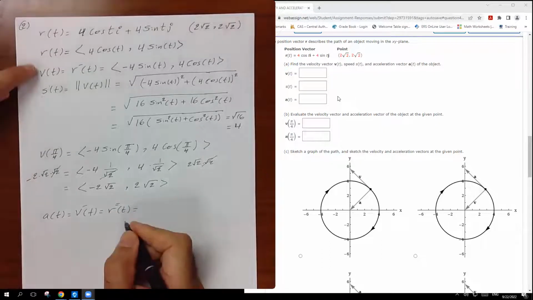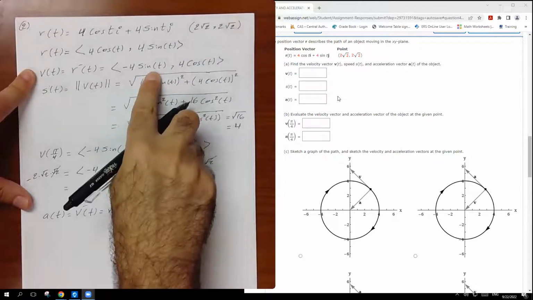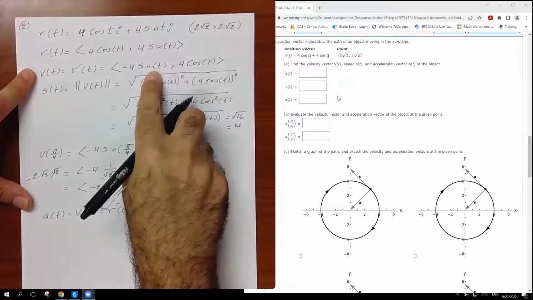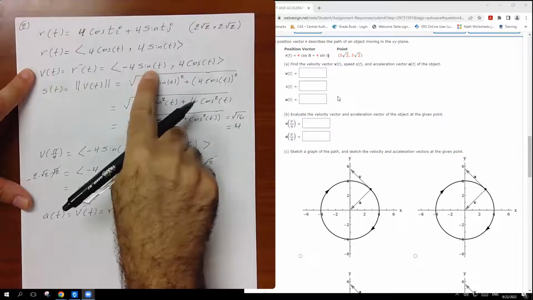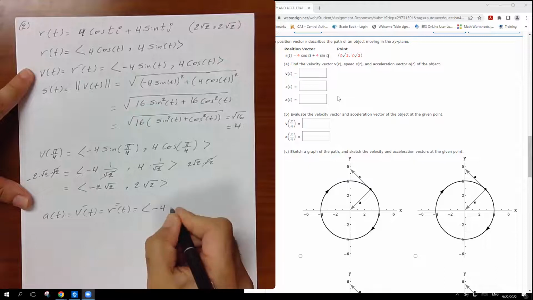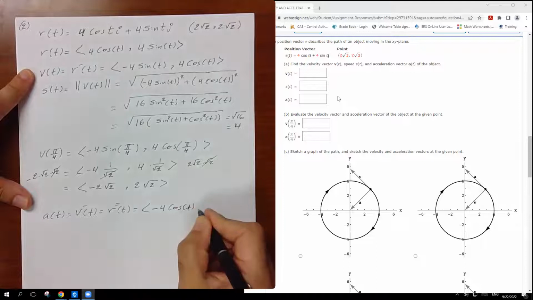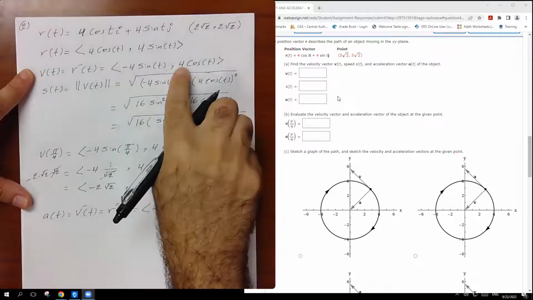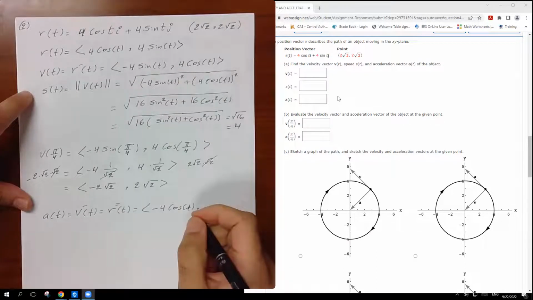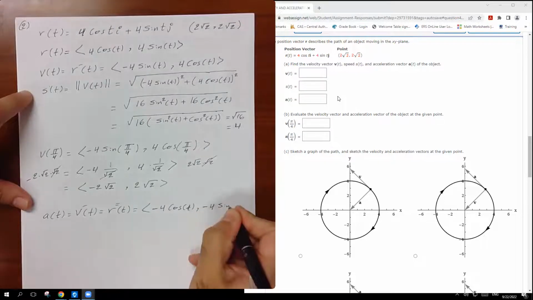So here is the velocity. The derivative for this one is going to be negative. For the sine, it's going to be cosine. So it's going to be -4 cosine with respect to t. And here is going to be -4 sine with respect to t.